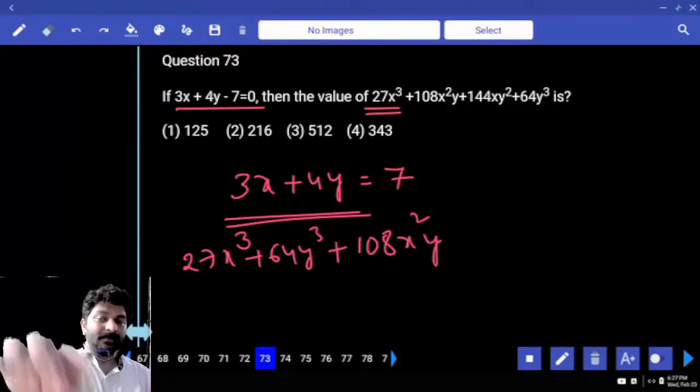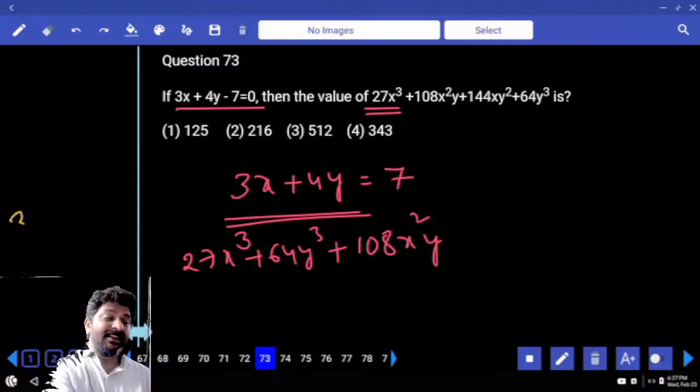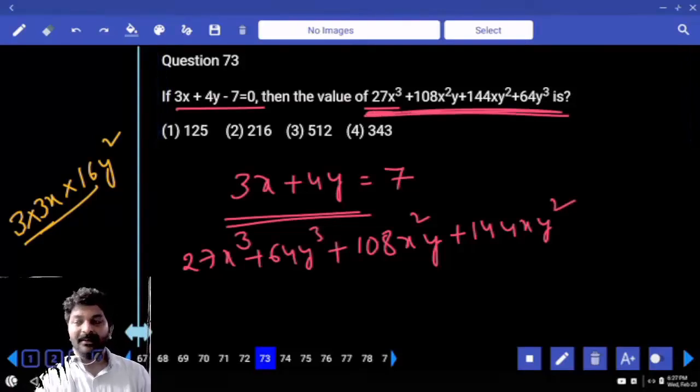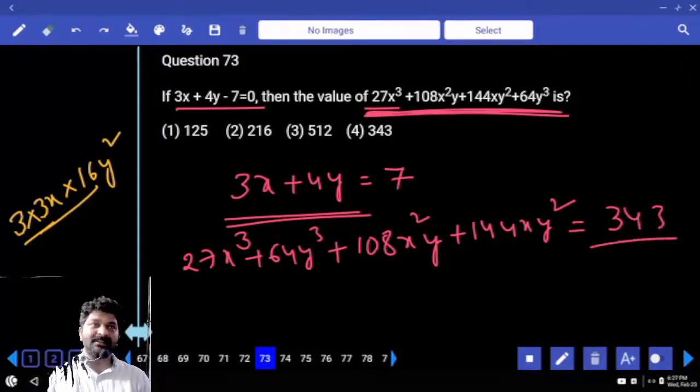Next, 3ab square, 3 into a into b square, 16y square. 3 into 3 is 9, 9 into 16 is 144 x into y square, and that is what is mentioned, right? That must be equal to 7 cube only. How much is that? 343. It's simply a cube. It is the same, we have just reordered it.